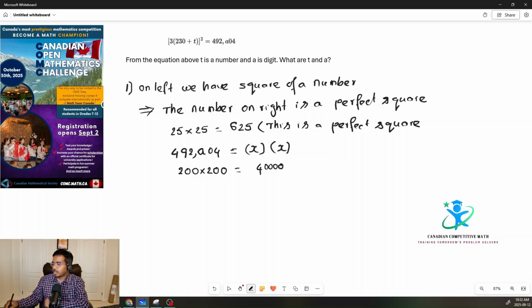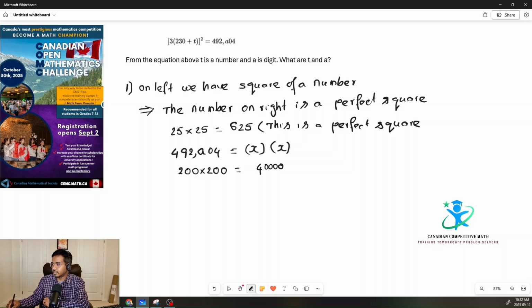But the number that was given to us has a total of 6 digits: 1, 2, 3, 4, 5, 6. So we need to figure out the square of which number gives us a 6-digit number. If I square 200, I get a 5-digit number.